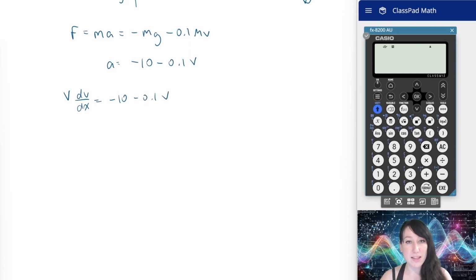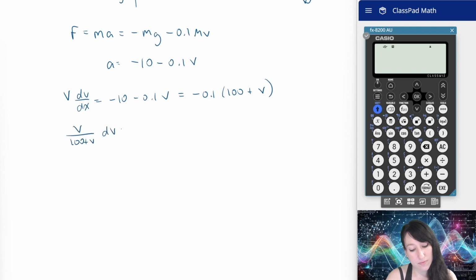So let's make things a little nicer, and we can factorize out the minus 0.1. And then let's separate those variables. Integrate both sides. On the left, what we could do is add and subtract 100 to the numerator.